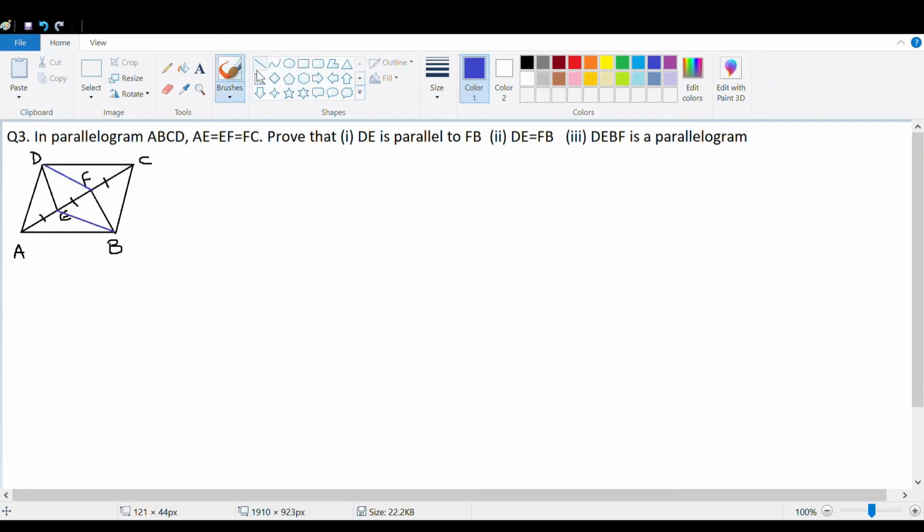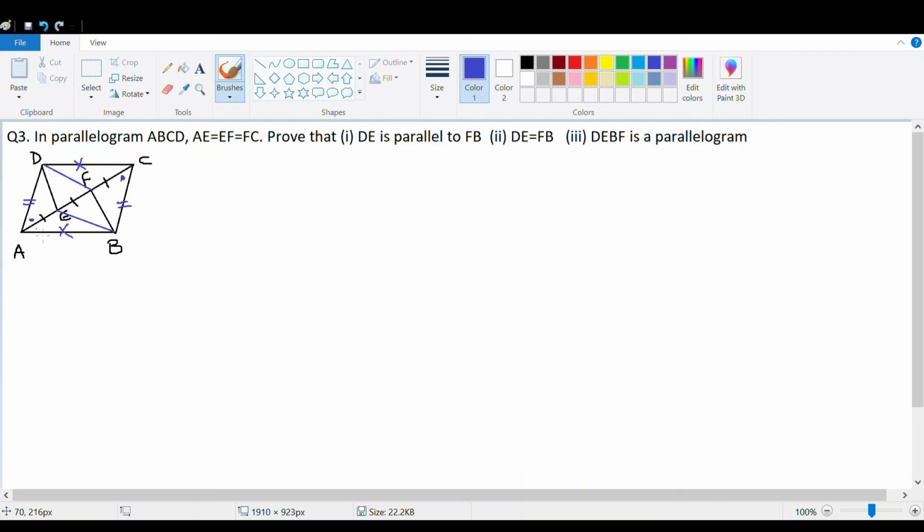Let's see information that we already know, which will help us figure something out. So I know that this side and this side are equal. I know AB and CD are equal, right? I know this angle and this angle will be equal, which means this angle and this angle are equal. Why?